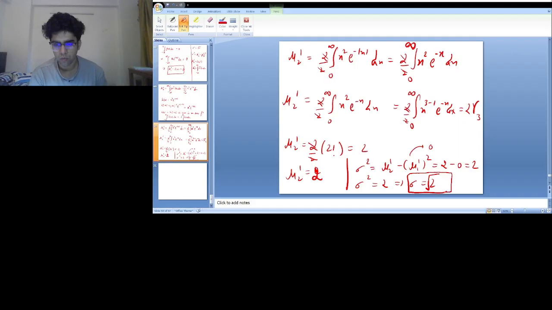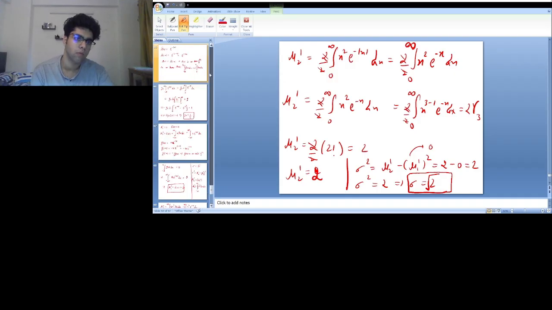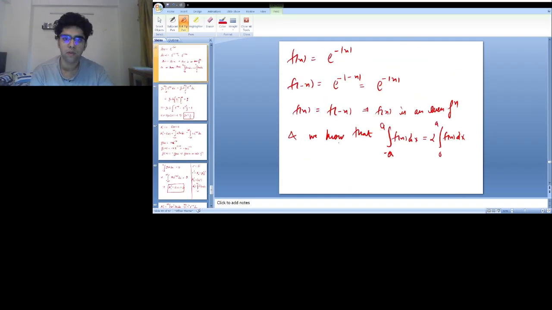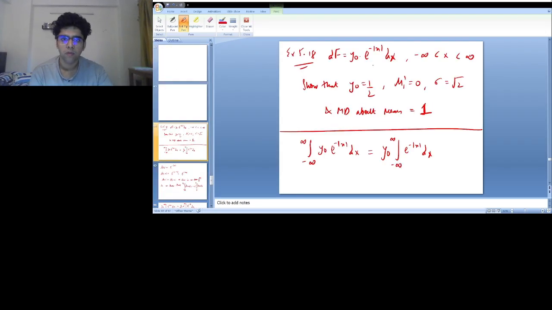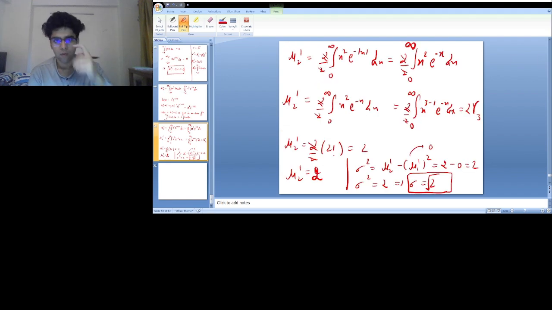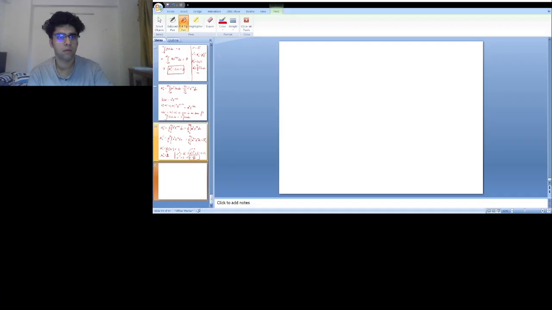So what I did wrong was I ignored this y naught term, right? We had calculated earlier that y naught is half, and our PDF is y naught into e to the power minus mod of x. So I ignored y naught, but when my answer wasn't matching, I multiplied it by y naught. This gives us sigma as root 2.